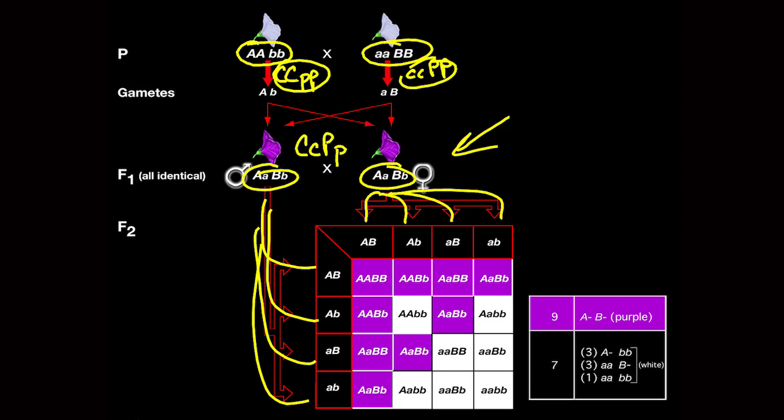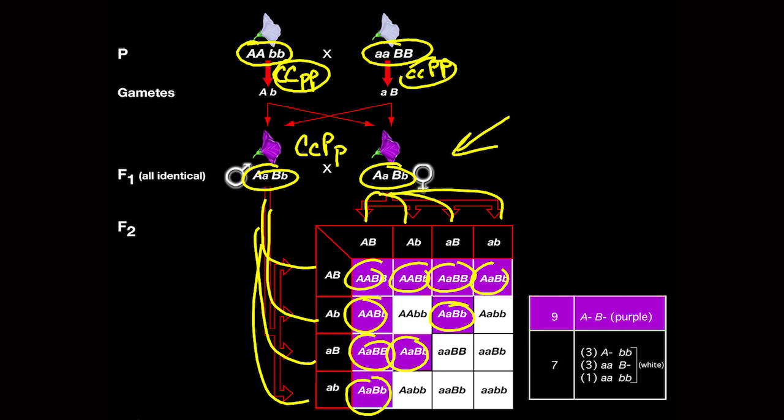And what you want to understand is any box where there's, in my language, at least one big C and one big P, you're going to have purple, right? What that means as it's written is any box where you see one big A and one big B at the same time, then that's going to be purple. And it's colored in very nicely. So 1, 2, 3, 4, 5, 6, 7, 8, 9.